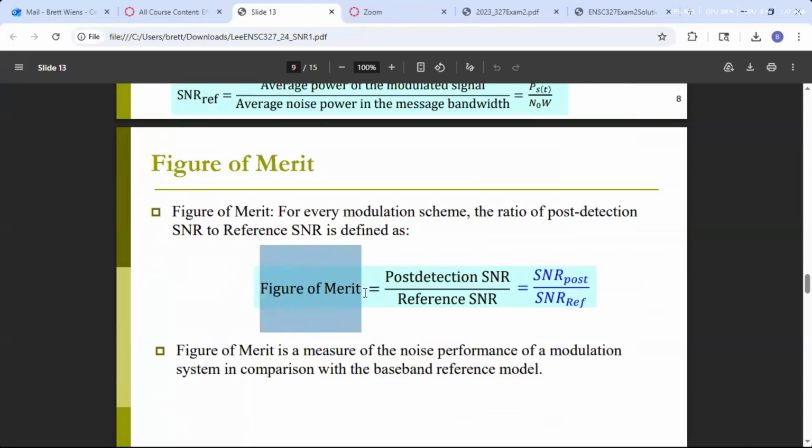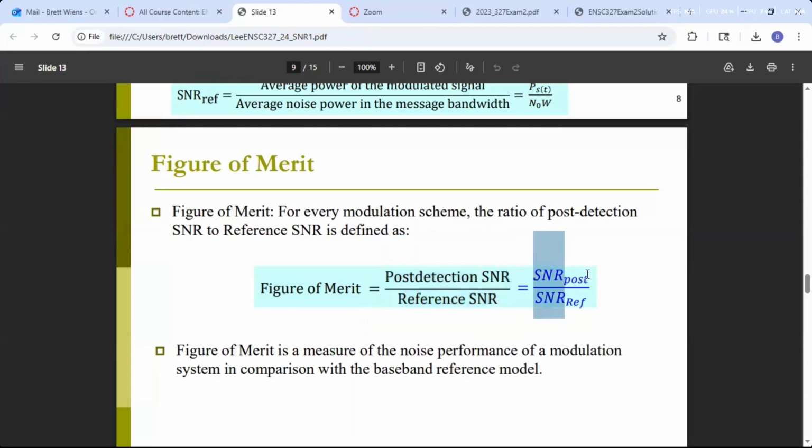So we have some kind of a radio frequency signal going into our radio, and it has some kind of SNR. It's the signal power of the RF signal divided by the noise density times the bandwidth of the noise, basically. That's going to be our reference SNR. We compare that to our post-detection SNR to get the figure of merit.